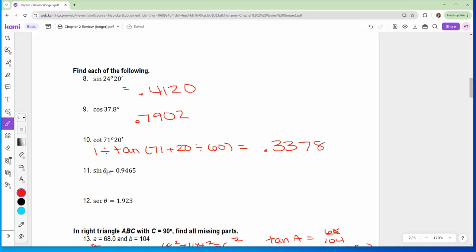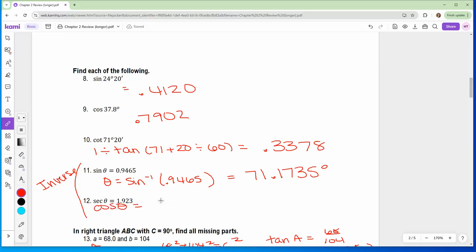Now 11 and 12, if you're looking for an angle, that's when you have to do the inverse. The only way to separate the sine from the angle is to do that sine to the -1. That's what we do when we're looking for an angle. So I do my second sine, 465, and I get 71.1735 degrees. To do secant, first we have to realize this means cosine is 1 over 1.923.